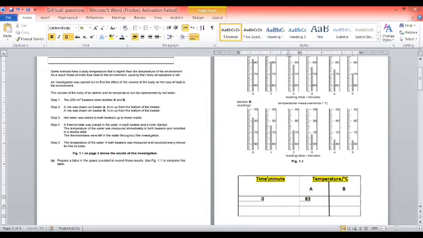While temperature in beaker B was, I guess, yeah, both of them were the same, 83. And then after 1 minute, so you write 1, the temperature was 81 here and 76 here, and so on.